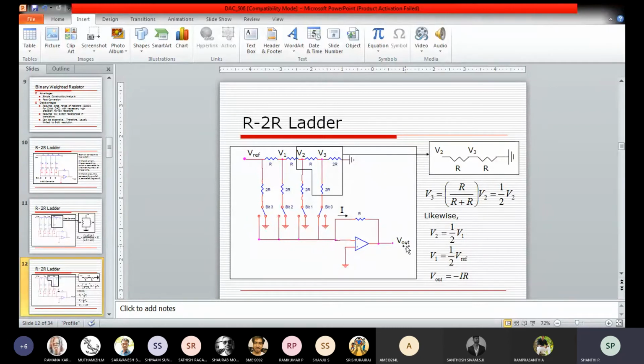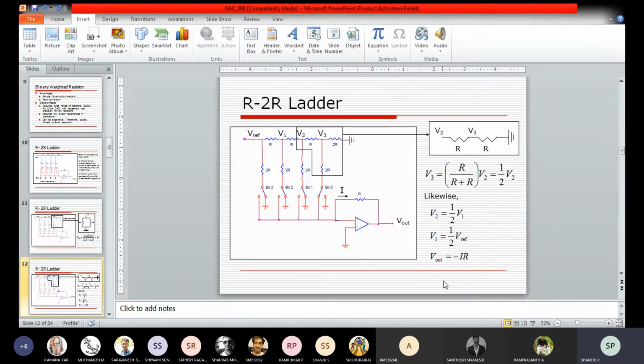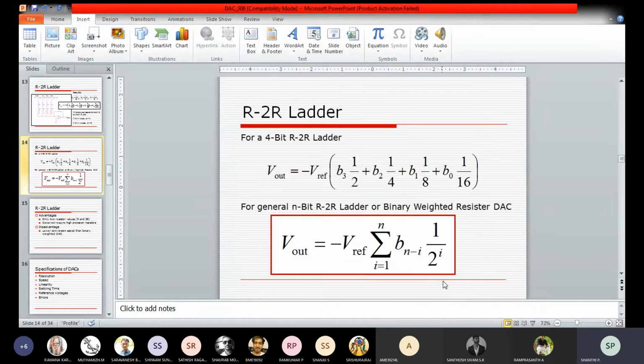V3 is equal to R divided by 2R. This is the parallel resistance network. R divided by R plus 2R, the R will be cancelled, giving 1 by 2 V2. Similarly, we have to calculate V1, V2, V3.